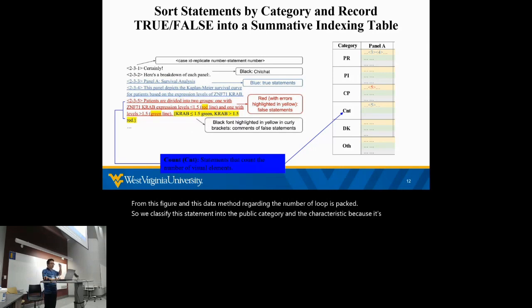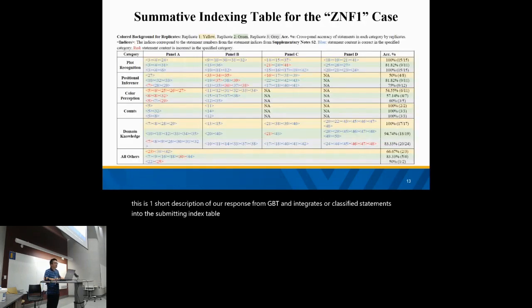So this is one short response from GPT, and we can classify the statements into the summative index table. This is the whole picture of the NF1 case study, and we show you the summative index table. You can see we have three replicates and all these statements.